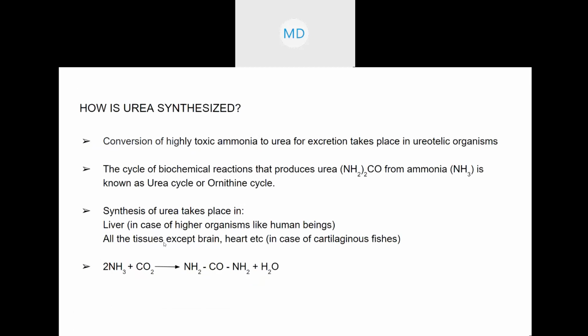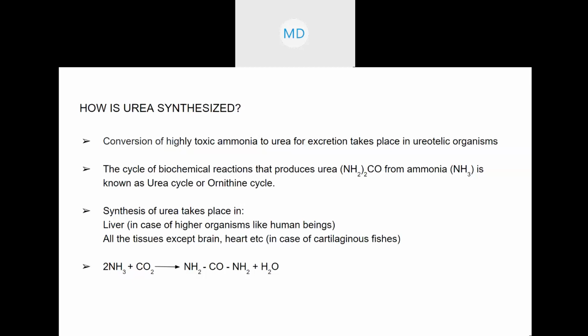For ammonia, all of you have seen how ammonia is synthesized. Ammonia is formed by oxidative deamination of amino acids. The amino acids which are not required in our body, from them the amino group separates and they form ammonia, right? Now how is urea formed?